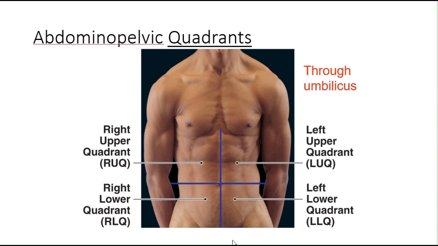So these two cuts divide our abdomen into four main regions: right upper quadrant, left upper quadrant, right lower quadrant, and left lower quadrant. These quadrants are so important later in anatomy.